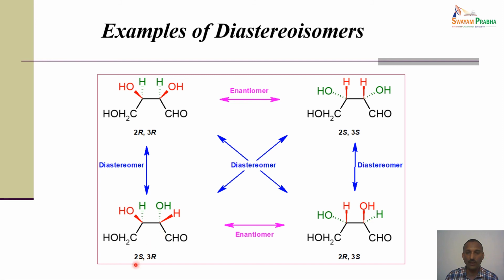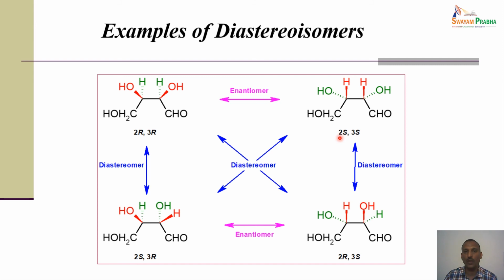So 2S remains the same, but the second carbon, that is 3R, becomes 3S. So these two are a set of diastereomers. And here we have 2S and 3S, 2R and 3S. The 3S remains the same, but the 2R changes to 2S. So these two are diastereomers. So in the case of diastereomers, at least one stereogenic center's configuration has to change.